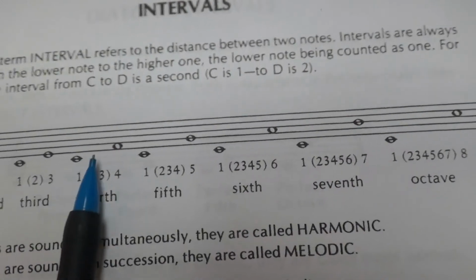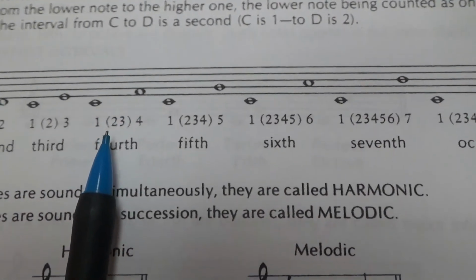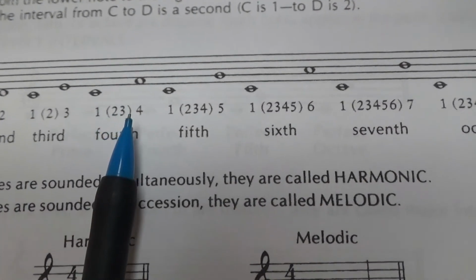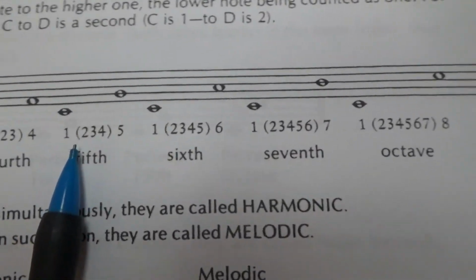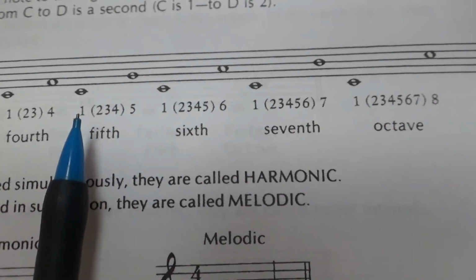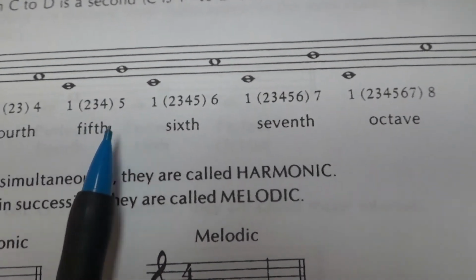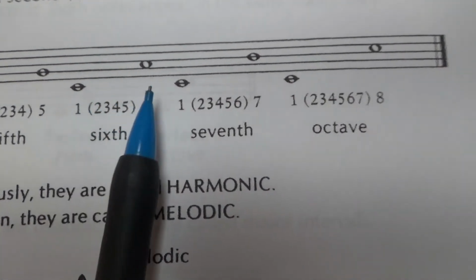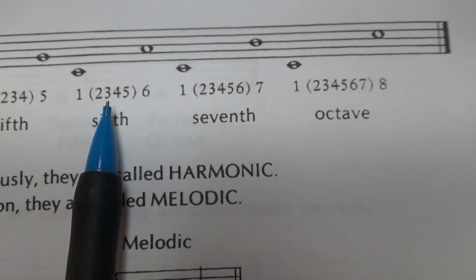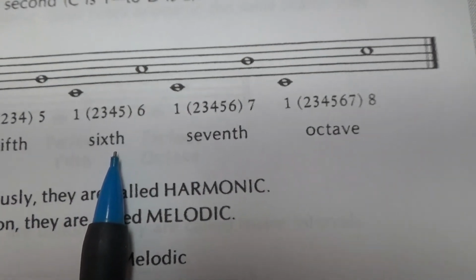Interval from C to F, 1, 2, 3, 4, C, D, E, F is called a fourth. Interval from C to G, C, D, E, F, G is a fifth. The interval from C to A, C, D, E, F, G, A is the interval of a sixth.